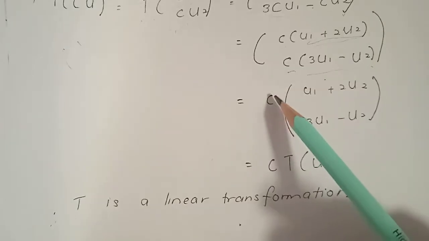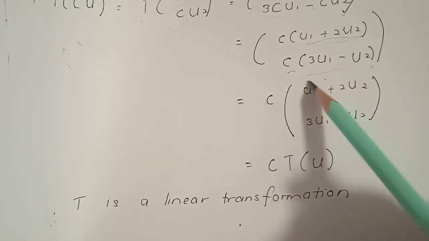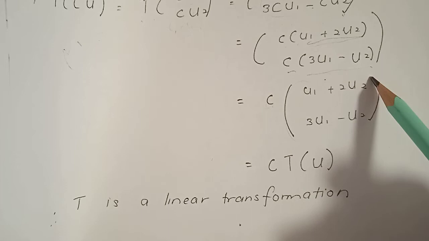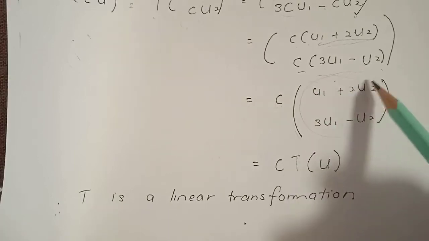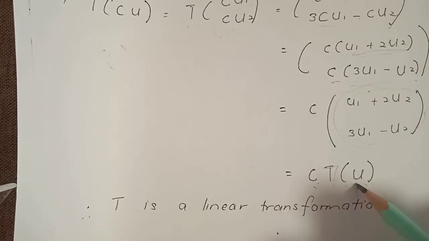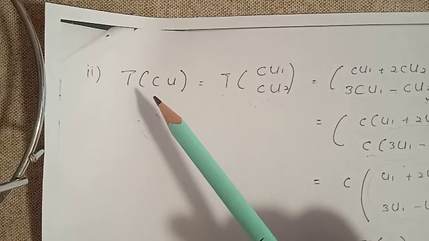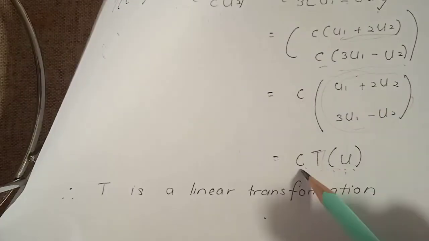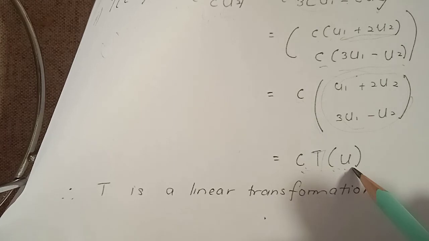Take out C, put it in front, and then we have the expression in the bracket, which is the formula for T of U. Therefore, we get C times T of U, so T of CU is equal to C times T of U. The second criterion is met. Therefore, T is a linear transformation.